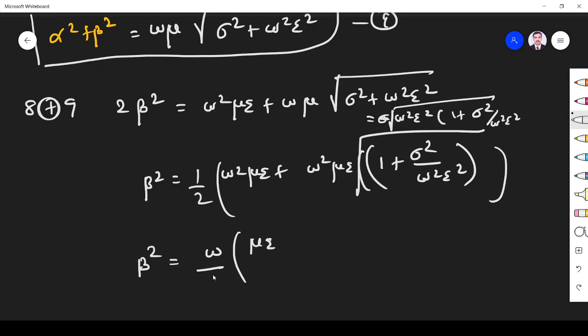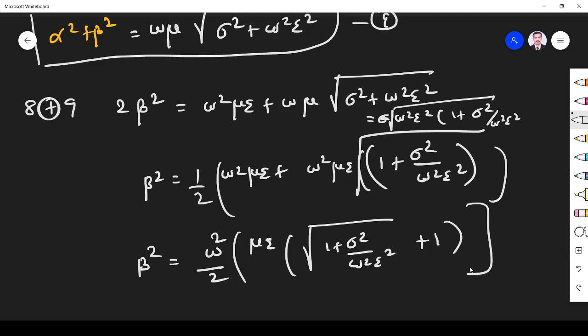Mu epsilon, I take it outside, so omega squared I take outside, omega squared by 2 mu epsilon, this is 1 plus sigma squared by omega squared epsilon squared, this is plus 1, right?